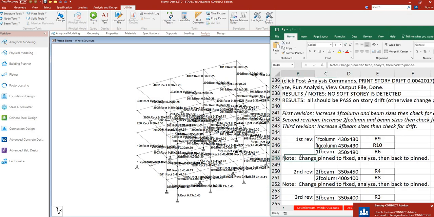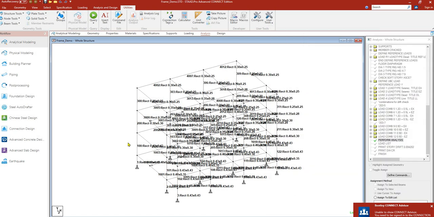Now, my second revision would be to increase the second floor beams and then the second floor columns. Take note na may mga pumasa na sa first floor level. So, patitigasin natin ngayon yung second floor beams and columns.